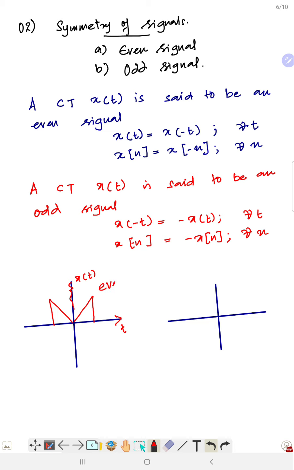So this right here is an example of an even signal. Okay. And an odd signal will be anti-symmetric, say something like this. Fine. x of t, this is my time, so this will be an odd signal.